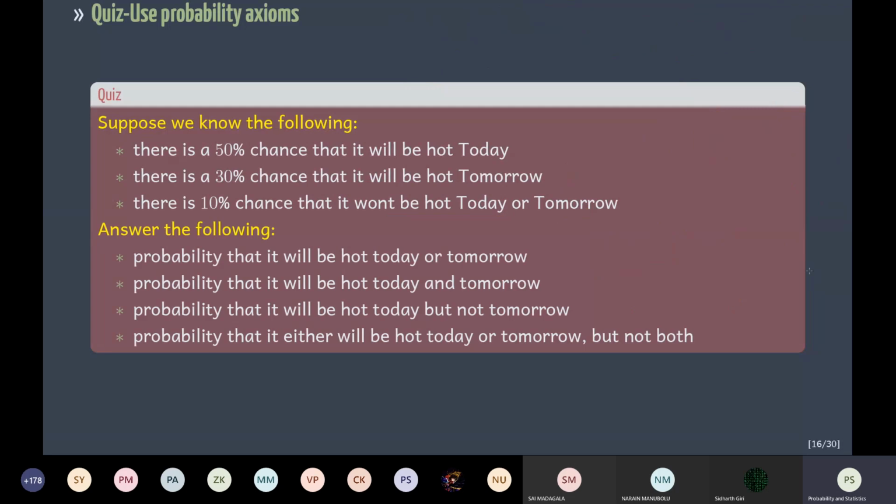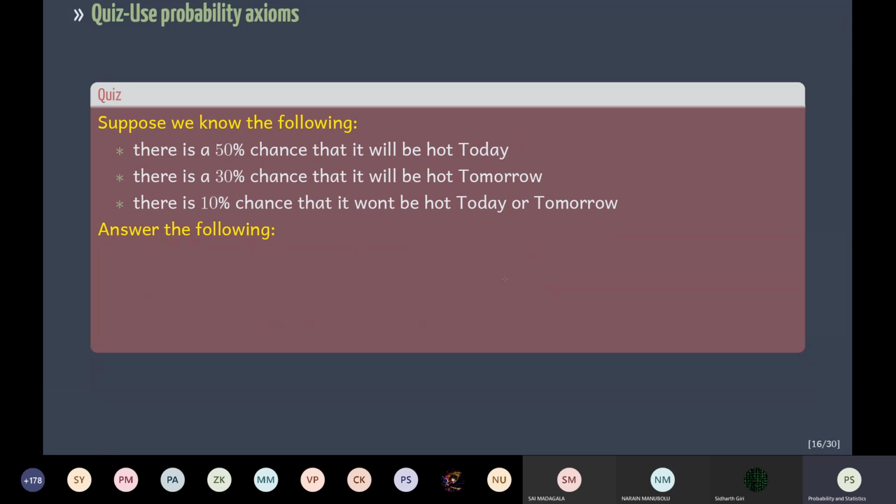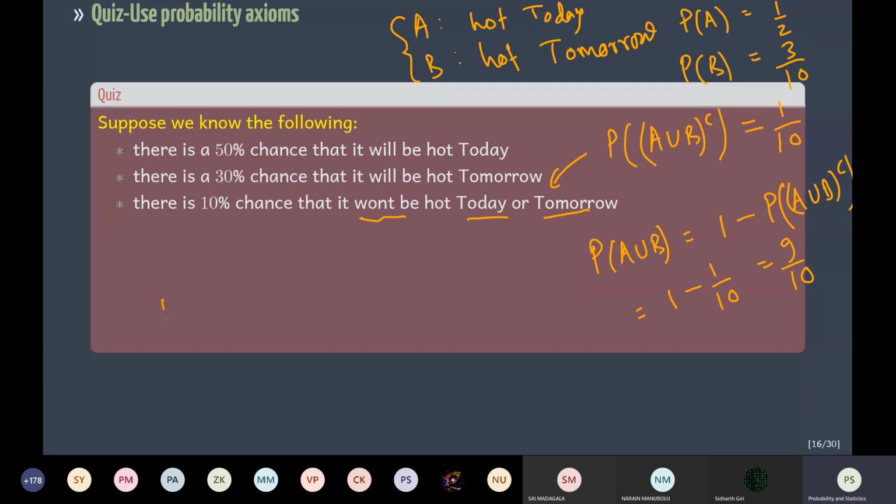And then the second question is the probability that it will be hot today and tomorrow. Okay, so this is A intersection B, right? When someone asks you today and tomorrow, you take the intersection of the events.